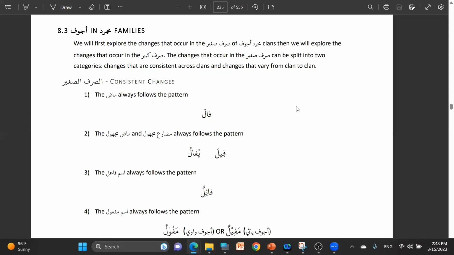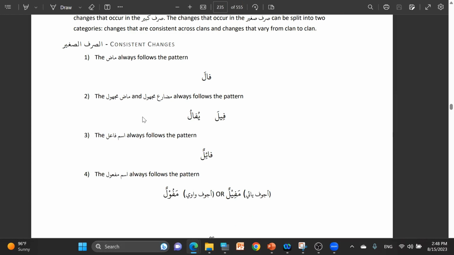So this is the page, and this summarizes all the changes that occur in Ajwaf in Mujarrad families. You can see in Fi'l Madi the pattern is fala: qala, nala, ba'a. The Madi Majhul and Mudare Majhul are on the pattern of fila, yufalu.